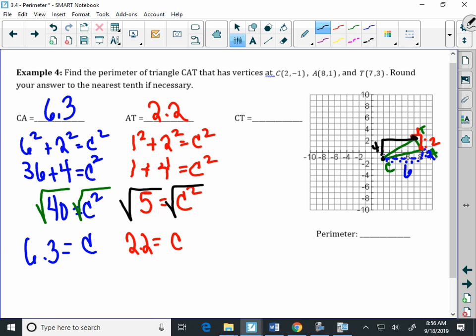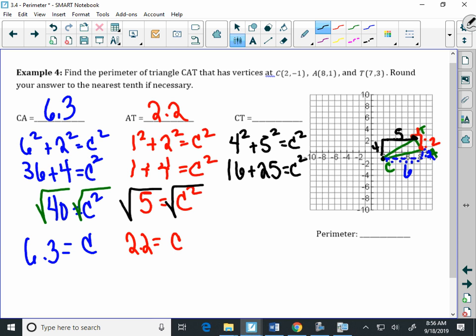And then 1, 2, 3, 4, 5. Let me look at my paper. Yes, 5. So hopefully your picture is a little bit better than mine. But when we do the Pythagorean theorem, we're going to get 4 squared plus 5 squared equals c squared. And that gives us 16 plus 25 equals c squared.